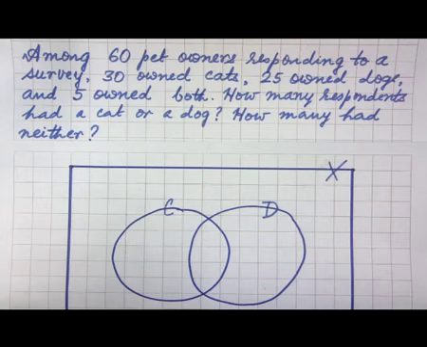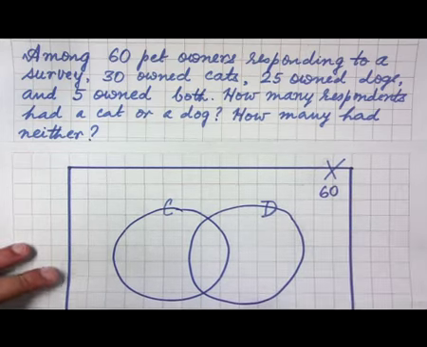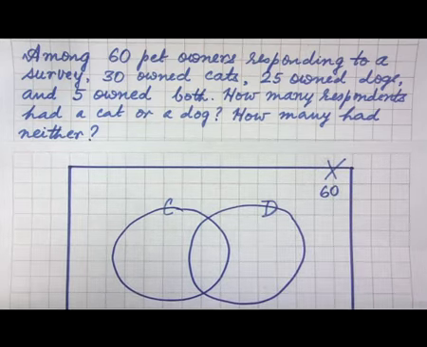Now, the first thing I notice out here is that there are 60 pet owners responding to the survey. So I could put in somewhere the number 60 against X. It is the size of the entire box, of the entire universe in this particular situation. It also says 30 owned a cat.